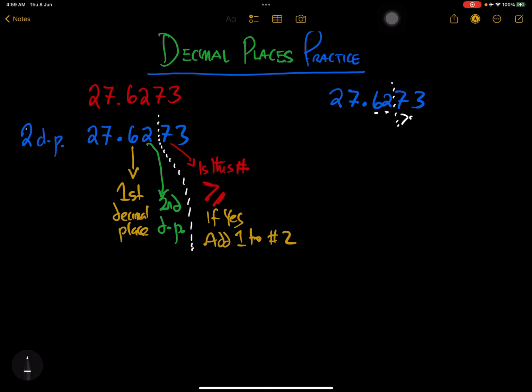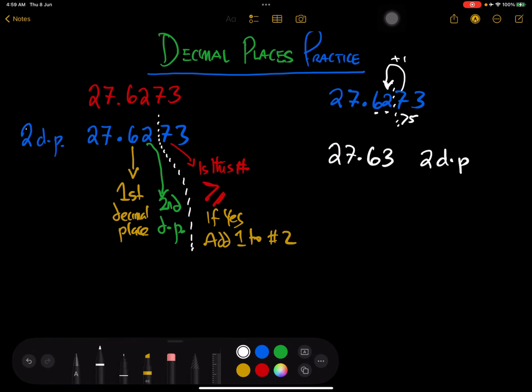This is greater than 5, so we're going to add 1 to it. So we're going to have 27.63, so that this is in what we call two decimal places. I hope this helps.